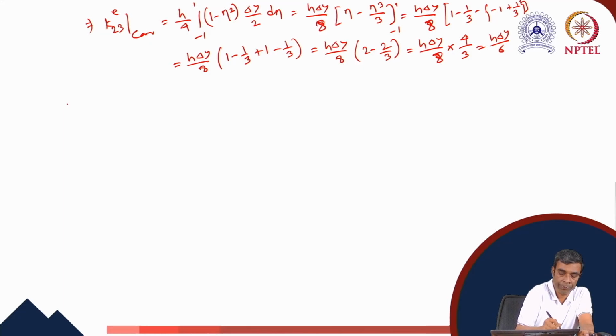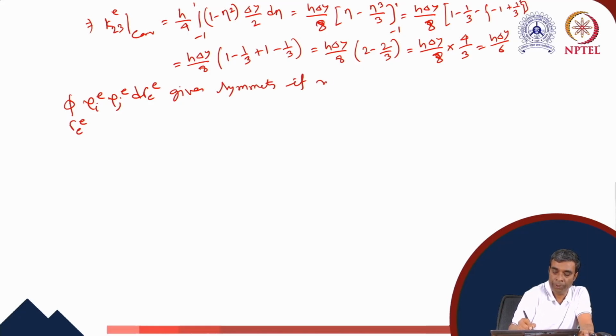Now this integral of gamma CE psi IE psi JE d gamma CE gives symmetry if we interchange I and j.